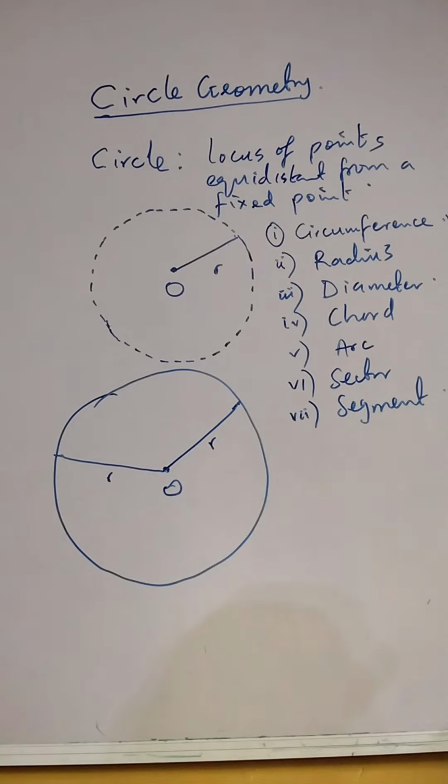Okay. Now, what is a diameter? A diameter is a line drawn from the center of a circle and touching the circumference at both sides. So it's a straight line that passes through the center of a circle.